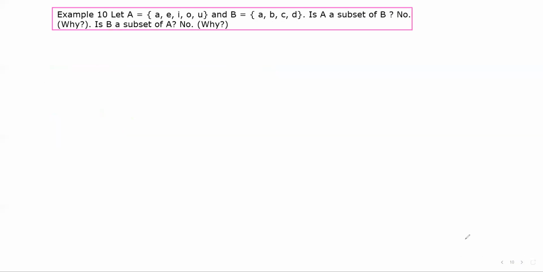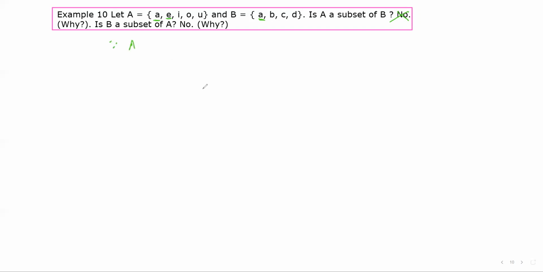Next, A and B sets are given. Is A a subset of B? So A has elements: A is present over here, E is not present, I not present, O not present, U not present.